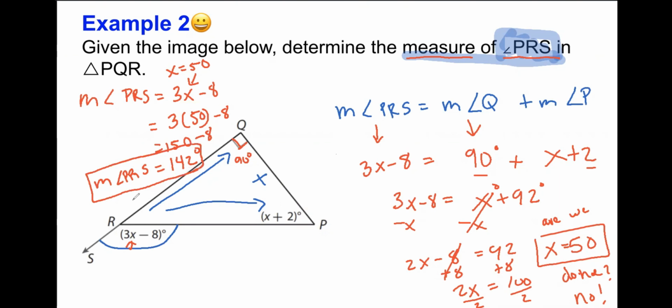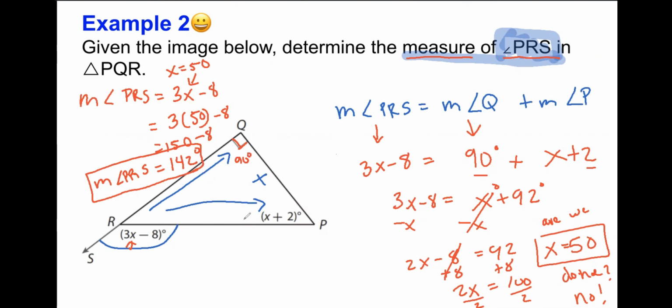All right. Awesome. So take it step by step, identify that exterior angle. Remember that its measurement is equal to the sum of the two remote interior angles inside of our triangle. Remote are the ones that are totally not adjacent to it. They're not sharing a side.